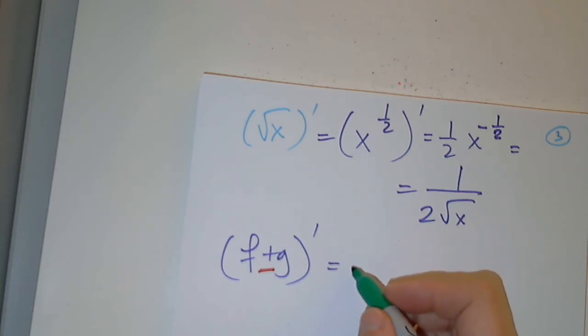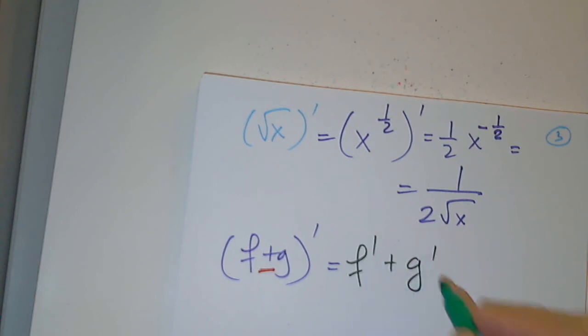F prime plus g prime, or minus. The derivative of a sum is the sum of derivatives. The limit of a sum of functions is the sum of the limits. The limit of a difference of two functions is the difference of the limits.